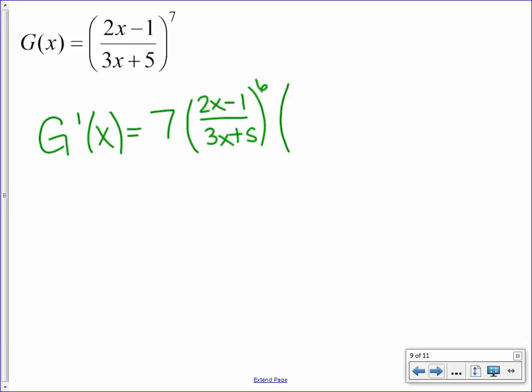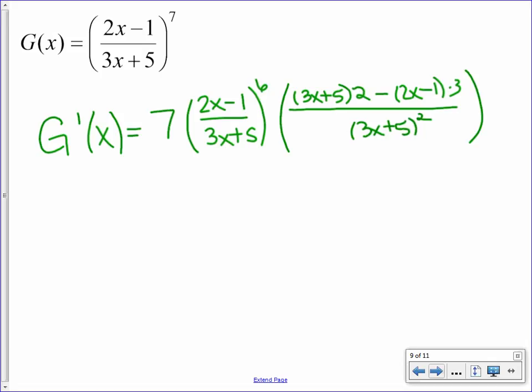So we have low, what is d high? 2 minus high d low, 3. All over low squared.